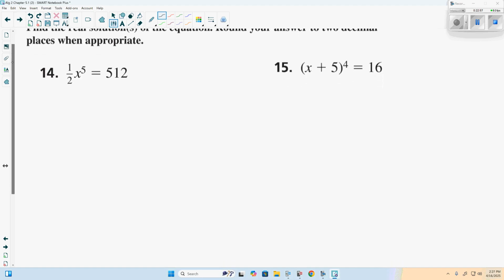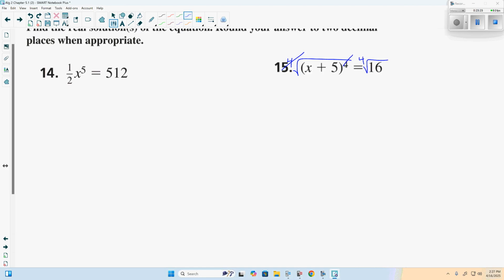I'm going to skip to 15. Last problem, well, it is the last problem. x plus 5 to the 4th power. Is the term to a power by itself? Yeah. So we can take the, well, yeah, kind of, 4th root.